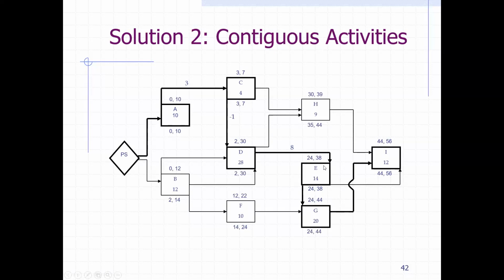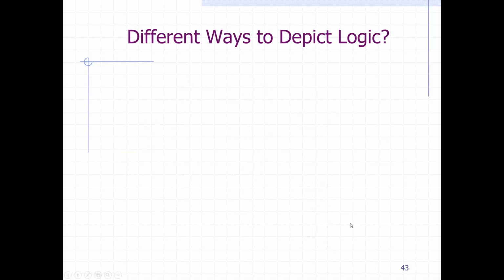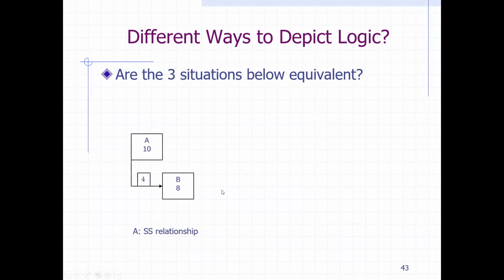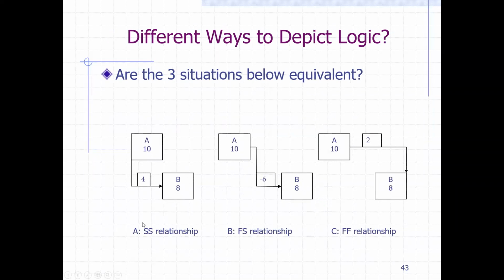So it's a pretty restricted activity here that you have to stick with, which ends up changing your critical path. So different ways to depict the logic. We have 3 scenarios here. I want you to pause the video and tell me if those make sense and are logical.